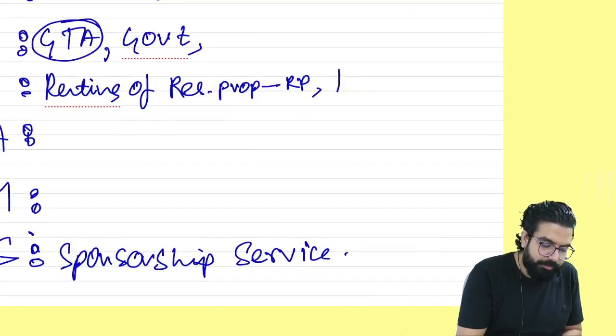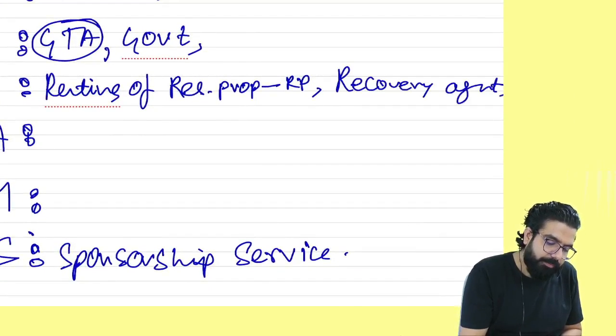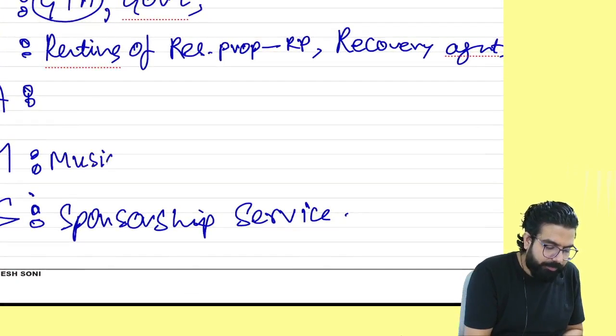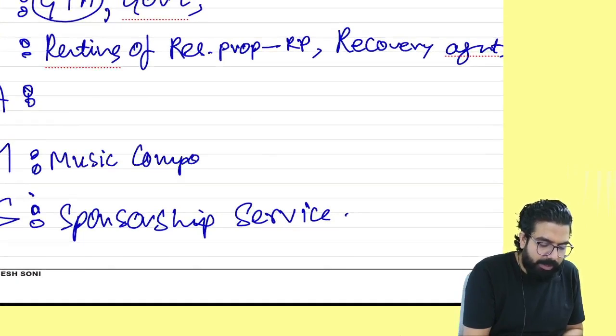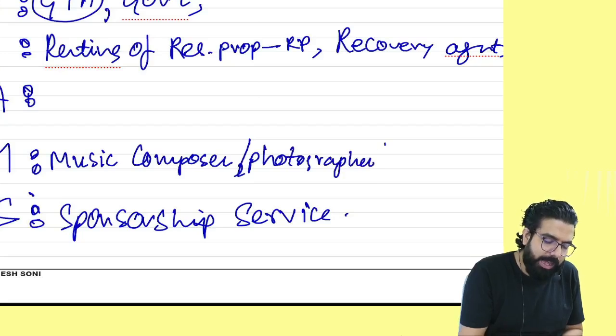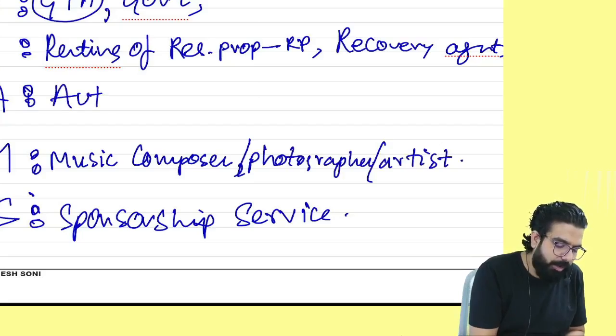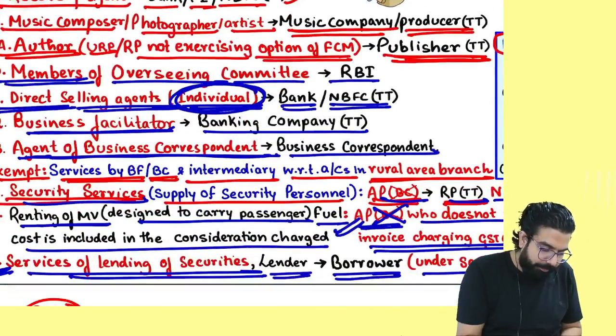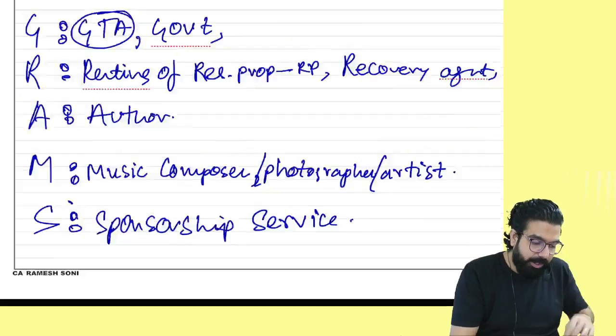R for recovery agent. Then M for music composer. When I say music composer, I'll write photographer also over here, and I will write artist also over here. The next is author. Then, members of overseeing committee.